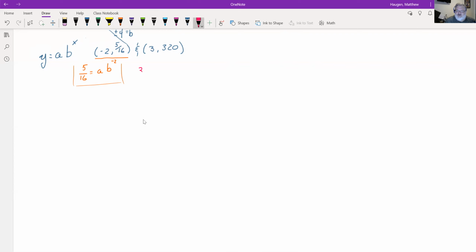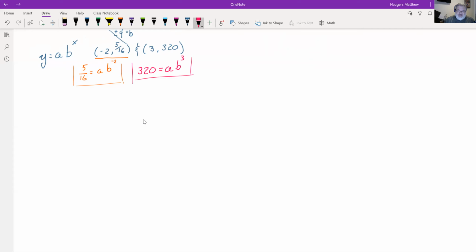Also, this function will equal 320 when x is the third power. Since both of these have to be true, I want to combine them to figure out what a and b are.